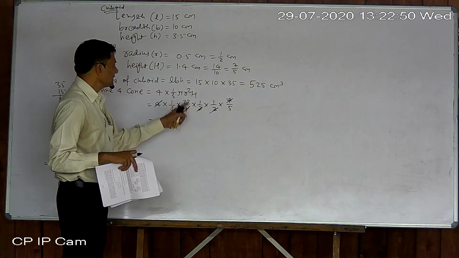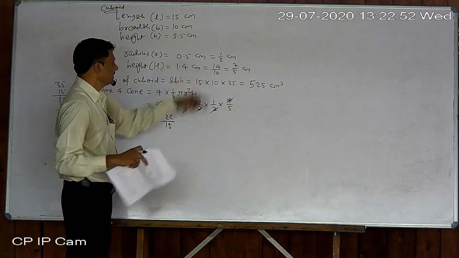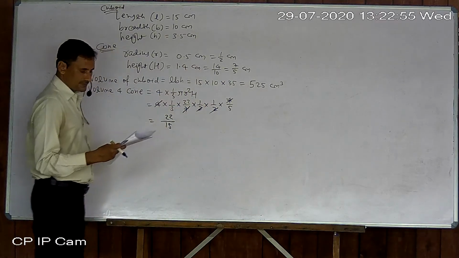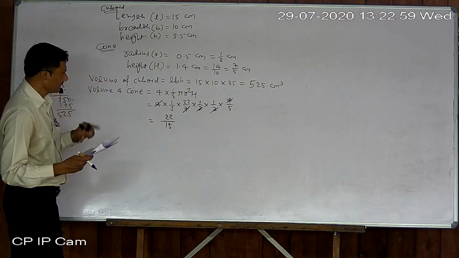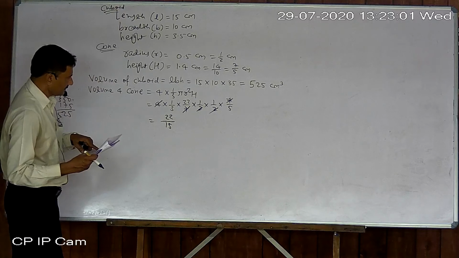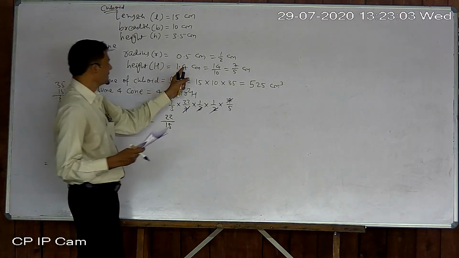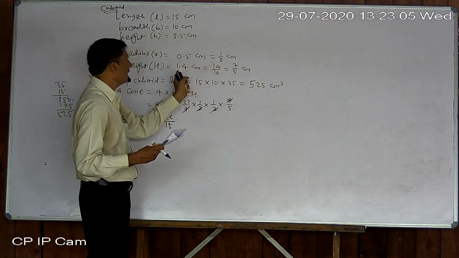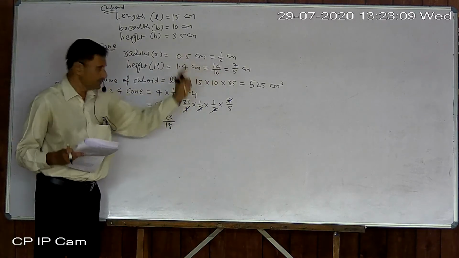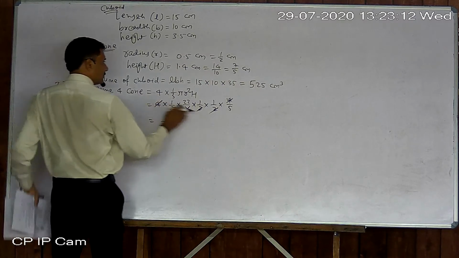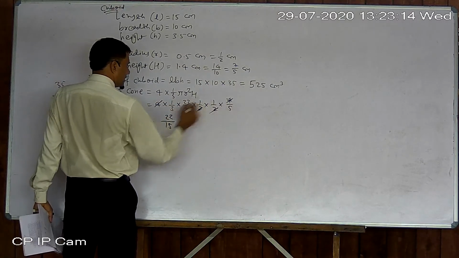All values are placed. r is 1 by 2 only, and the height is 1.4 centimeter; radius is 1 by 2, right? And height is 1.4, which means 7 by 5. You can see it written here. 2 into 2 cancels with the 4, 7 cancels, so here 22 is left and here 15.